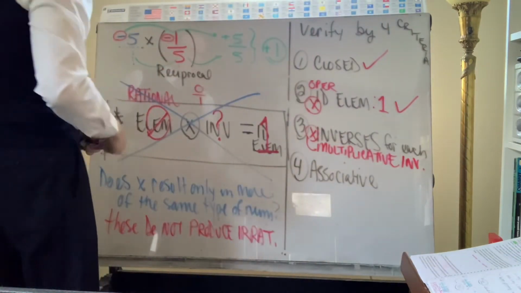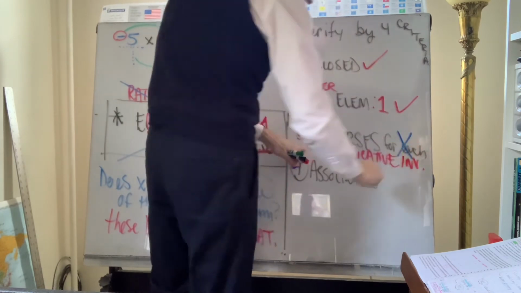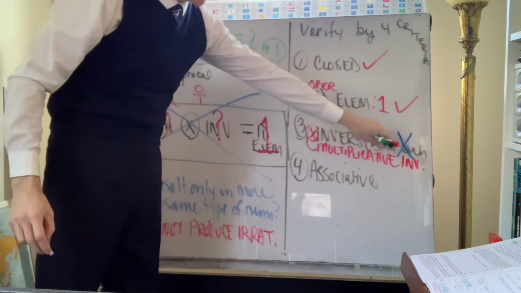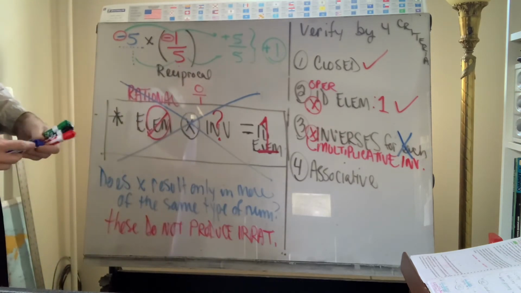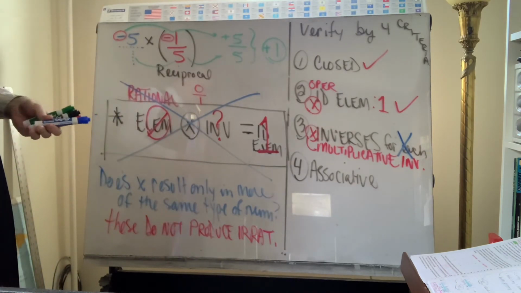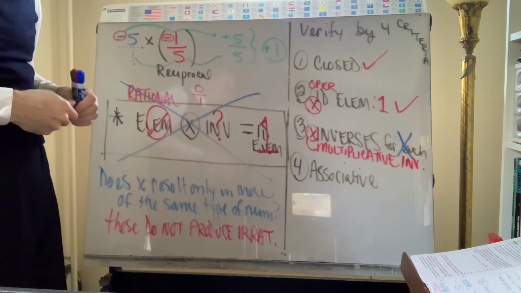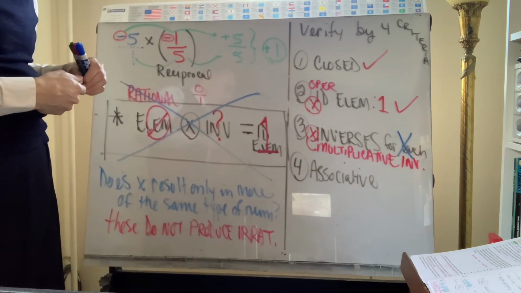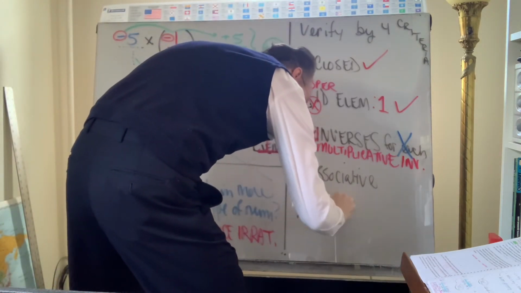So if there isn't anything logically, then unfortunately we're failing in this situation. There are not inverses for each of these because we found the one instance where it doesn't happen. So there's no point in actually checking the associative property. This is again an example where you would say that this is not a group.